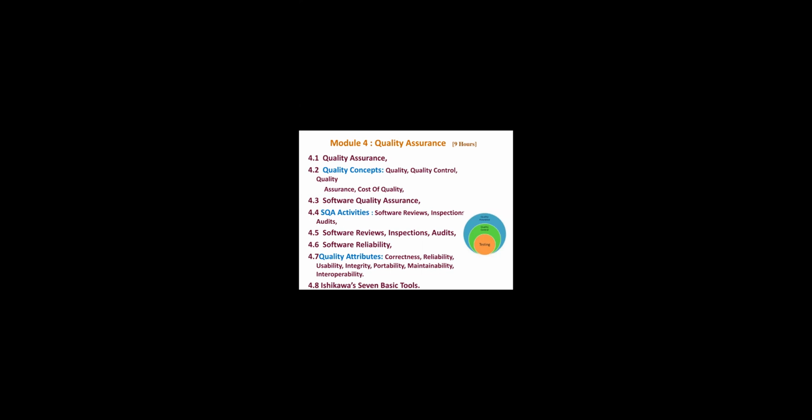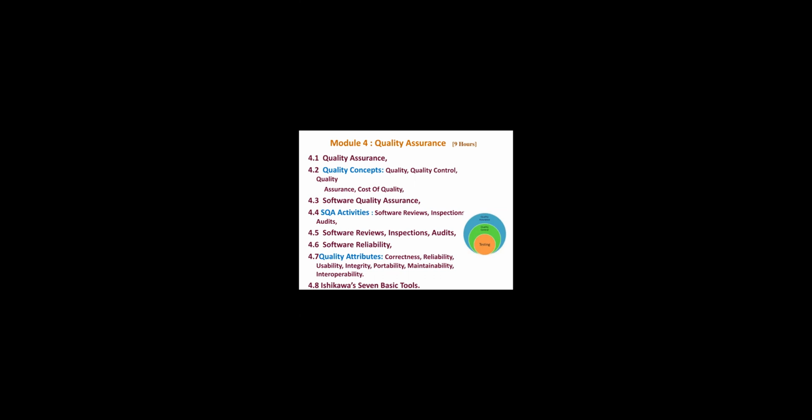And in inspection, we will discuss in detail what is inspection, how it is different from software review, and audits, software audits, the major difference between software reviews, inspections, and audits. The next topic we are going to discuss is software reliability. So what is software reliability and how the reliability is measured and what are the different aspects associated with software reliability.